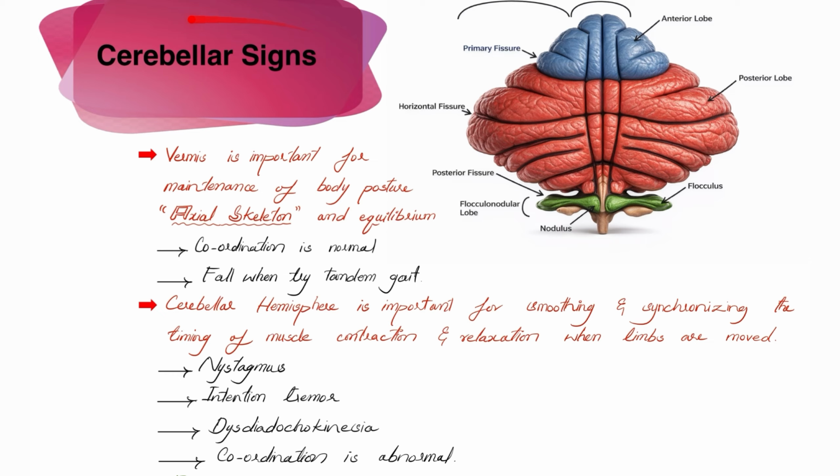But before studying the cerebellar signs, we should know a little about cerebellar function and its anatomy. The vermis is important for maintenance of body posture, which is maintained by the axial skeleton, and the vermis also plays a role in maintaining equilibrium of the body. So if the vermis is damaged, coordination is normal, but the patient falls when trying tandem gait.